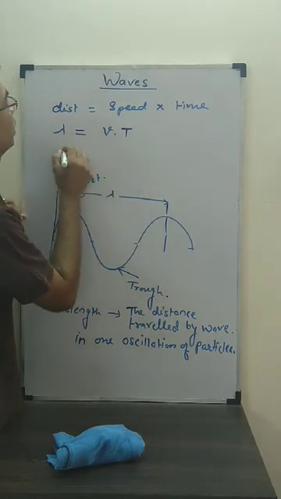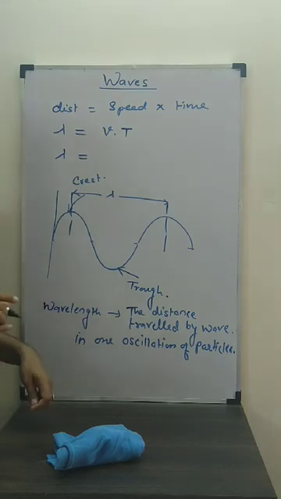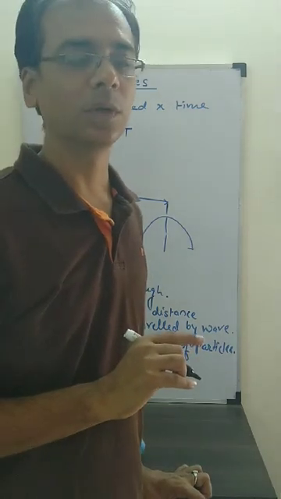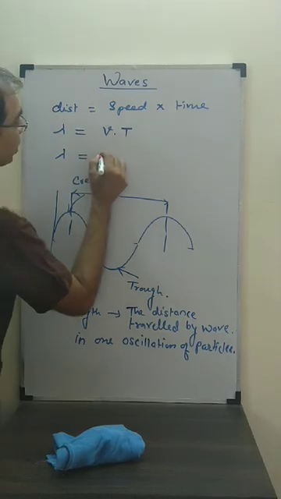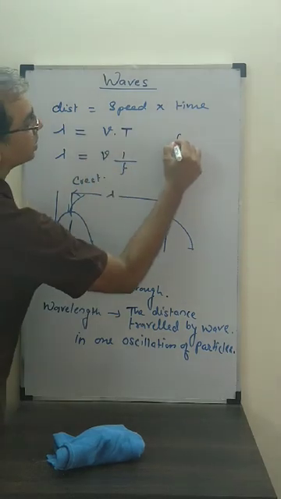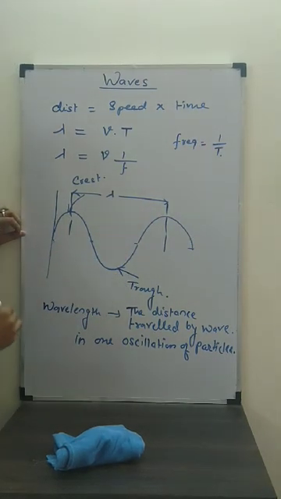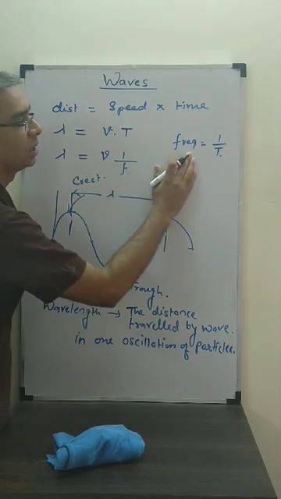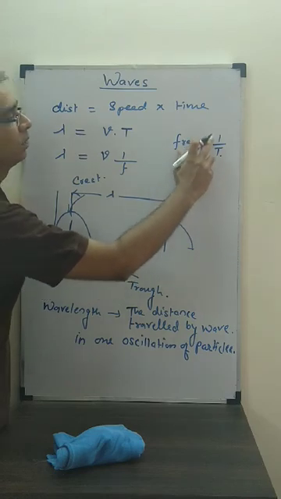Further, we know what frequency is. Frequency is the number of cycles or oscillations in 1 second, and that is actually 1 by time period. Frequency is equal to 1 by time period.